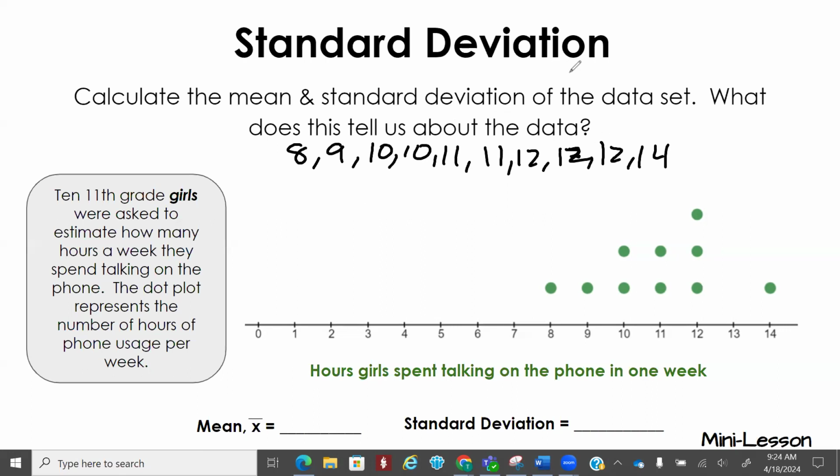So, with that being said, now you're going to find the mean. The mean is found by adding up all of those numbers and then dividing by how many numbers there are, which is 10. Okay, so take a second, add up all those numbers and tell me what you get.